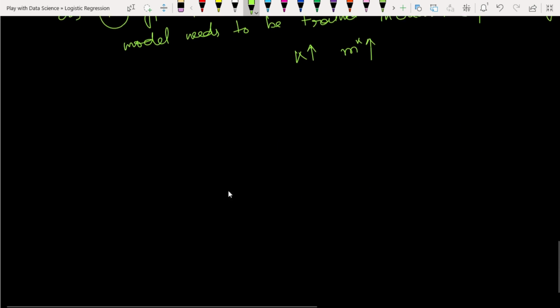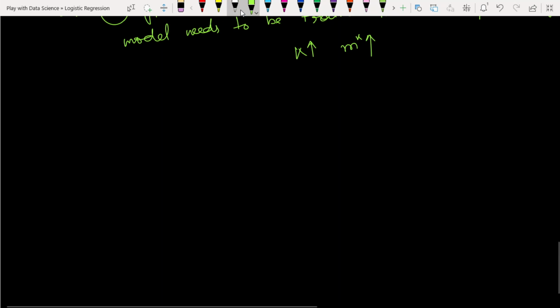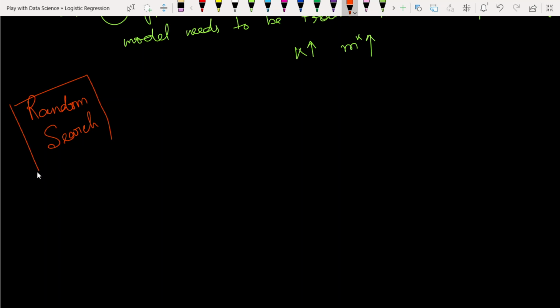Now they have another search technique for hyperparameters. This is called the random search technique.